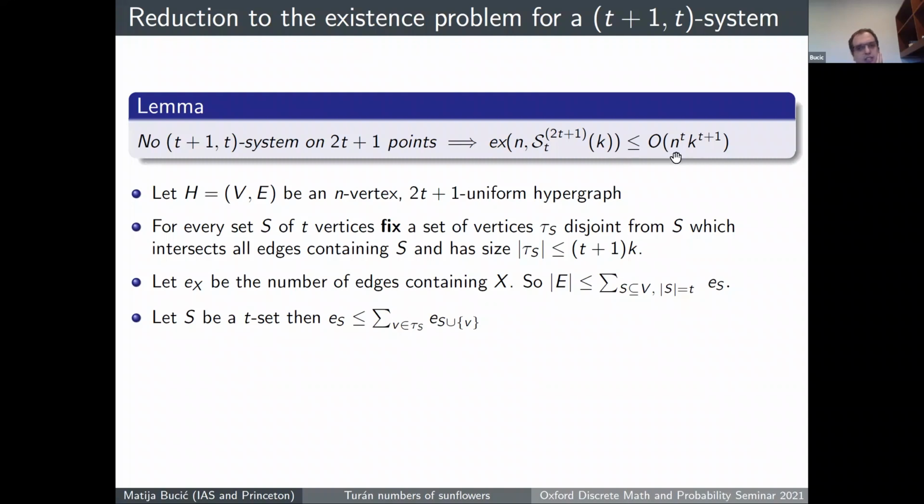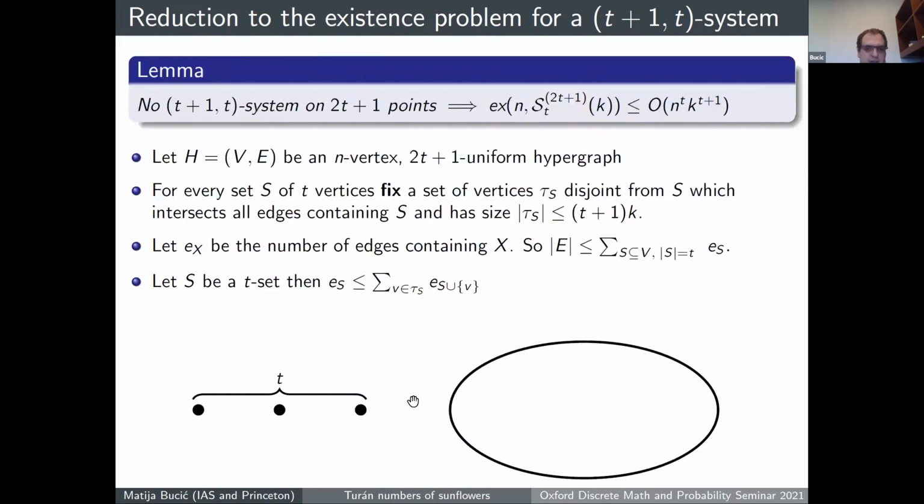And the trivial bound is just n to the 2T plus 1, because this is how many edges you can have in a 2T plus 1 uniform hypergraph. This is how many sets of size 2T plus 1 there are. And the step that lets us save a little bit is going to use the existence of these small covers of link hypergraphs.